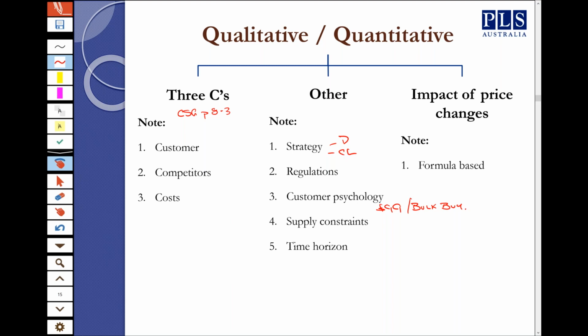Buy 2 for $5 as opposed to 1 for $3 type process. You've got your supply constraint area. So again, the base logic is that if you have excess capacity, you might reduce your price. If you've got limited capacity, you would increase your price. And then from a time horizon perspective, it's basically looking at it, are you developing prices for the short term or are you developing prices for the long term?